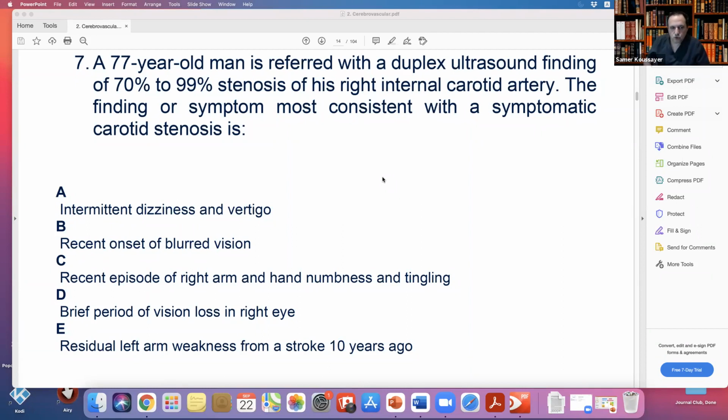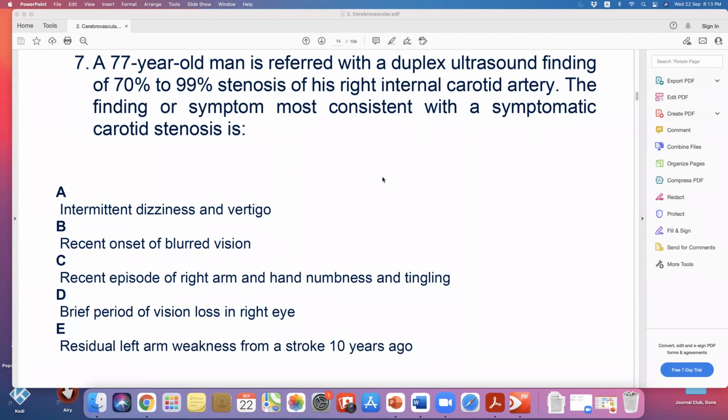So a patient comes with left or right internal carotid stenosis, and the MRI shows an old stroke in this area. We still consider this patient asymptomatic. So left arm weakness from 10 years ago is not a symptom of carotid stenosis. You get the point?